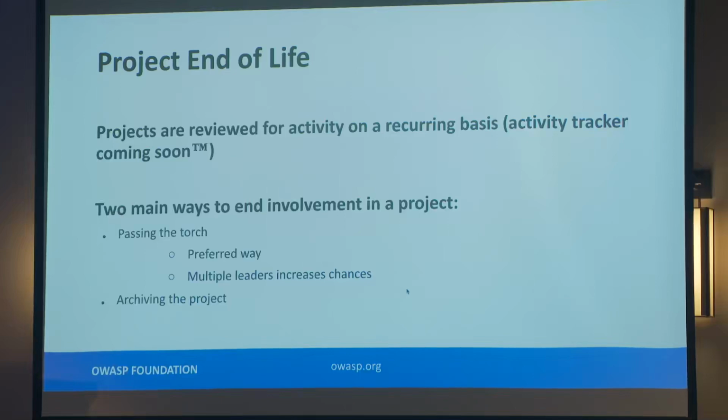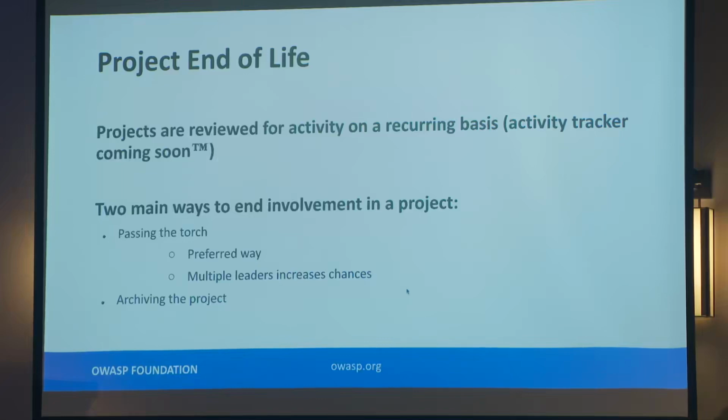In a way, you're tired of it, or you just haven't been working on it. And what's going to happen is we review these projects on a recurring basis. You see the activity tracker coming soon. We will certainly have a place where you'll be able to see the projects that are most active and which ones are not active. And we can see it too, so that we can figure out how to go about this process.